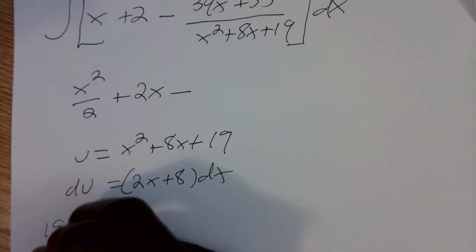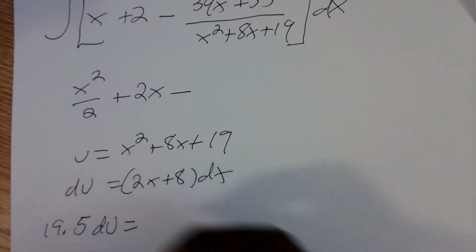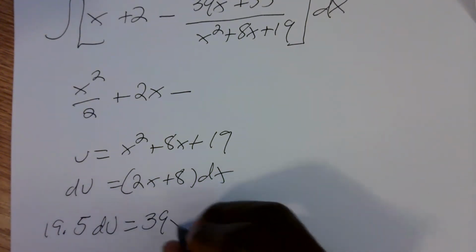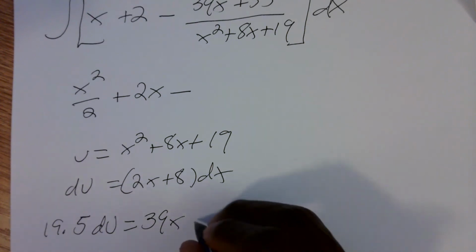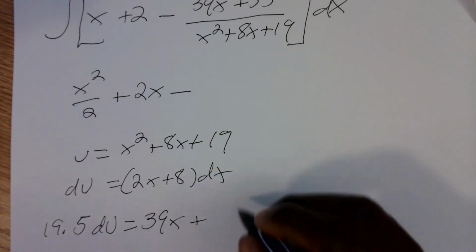So let's say 19.5 du is going to be 39x plus, we'll see, 8 times 20 is 160, but I'm going to take off 4, so it'll be 156.